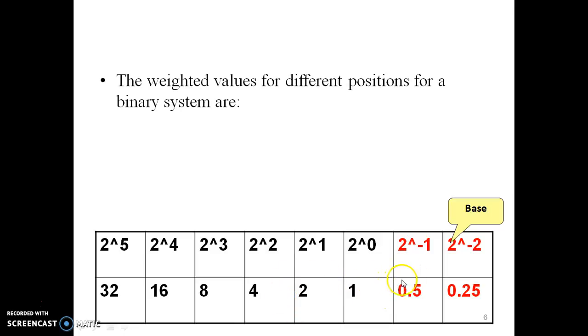So after the decimal point, the first place has a weightage of 0.5 and the second position is 0.25 and so on. Similarly, the left side weightages are 1, 2, 4, that is powers of 2, 8, 16, 32, 64 and so on.